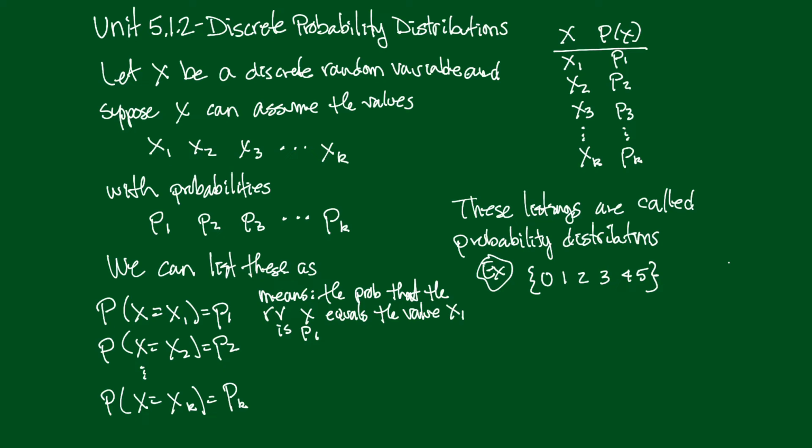So I write the X value, I write the P of X value, and then 0, 1, 2, 3, 4, 5. Then I have to somehow compute these probabilities. We are going to do this a little bit later in the section.